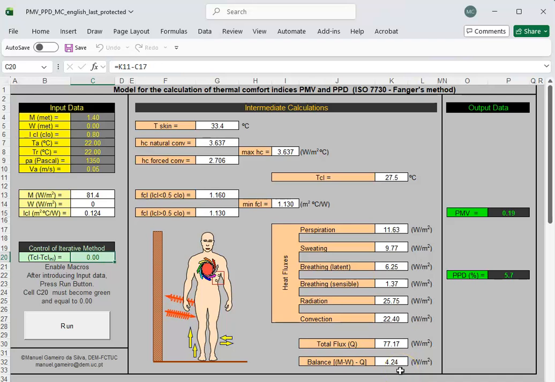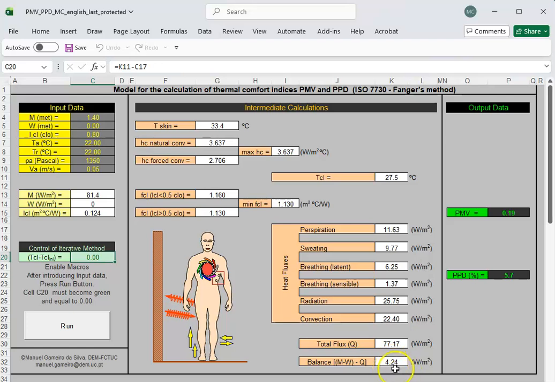It means that for this situation, the human body was generating more heat than what it would be losing, which means that some heat would be stored in the human body, meaning that this person will feel a little bit warm.